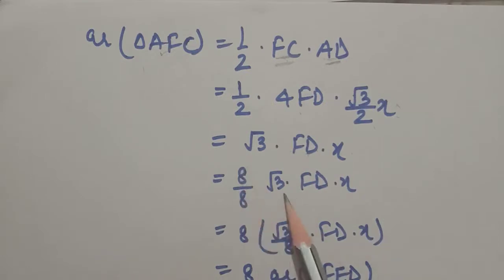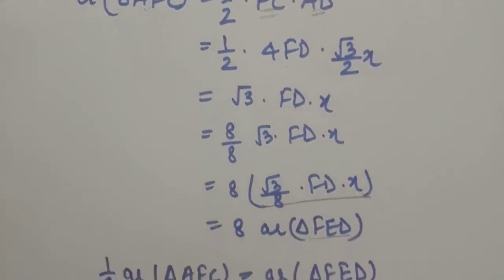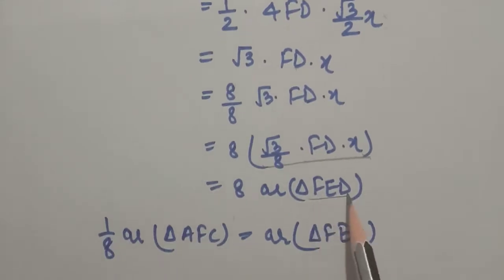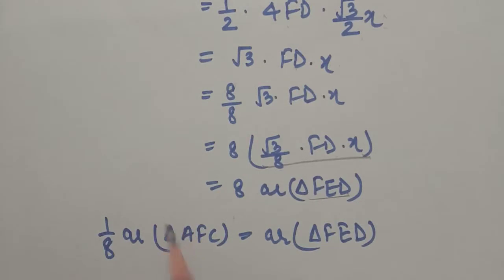We will take this 8 with this √3, so it becomes 8 into √3/8 into FD into x, which is equal to the area of triangle FED. So we have to write here that area of triangle AFC is equal to 8 times the area of triangle FED.